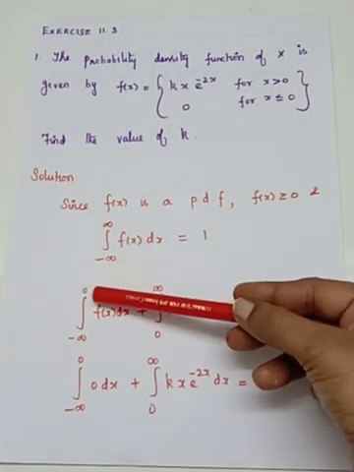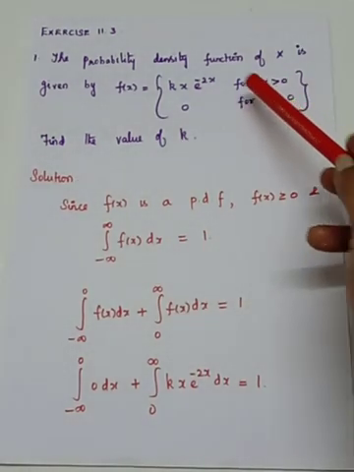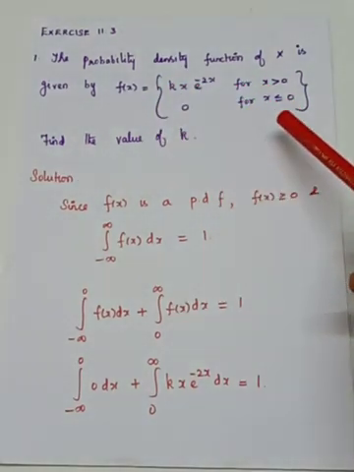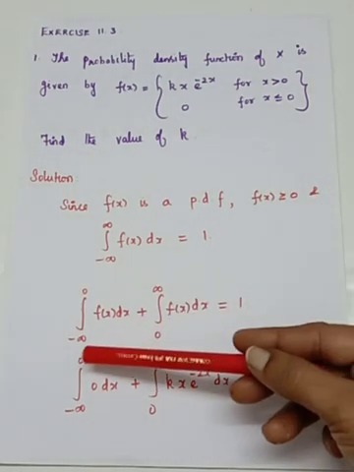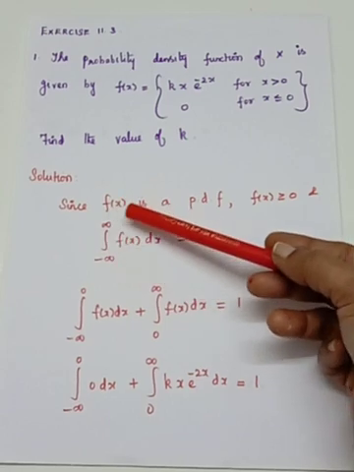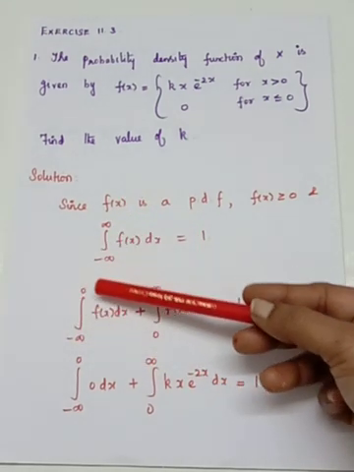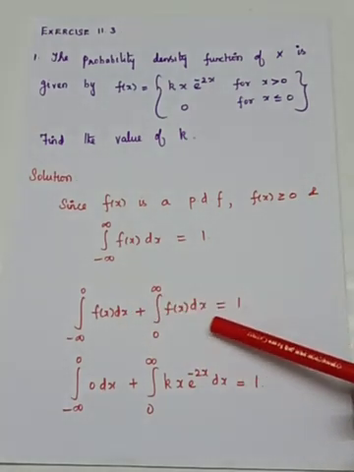Why do we stop at 0? Because f of x is defined using 0 as the boundary, for x greater than 0 and x less than or equal to 0. So we write minus infinity to 0 f of x dx plus 0 to infinity f of x dx.